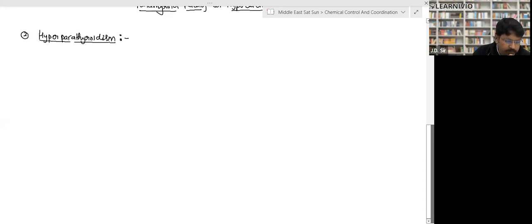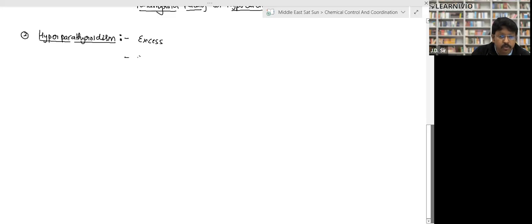Excess of this hormone. Excess of this hormone draws more calcium, means it takes the calcium from the bones. Full stop.